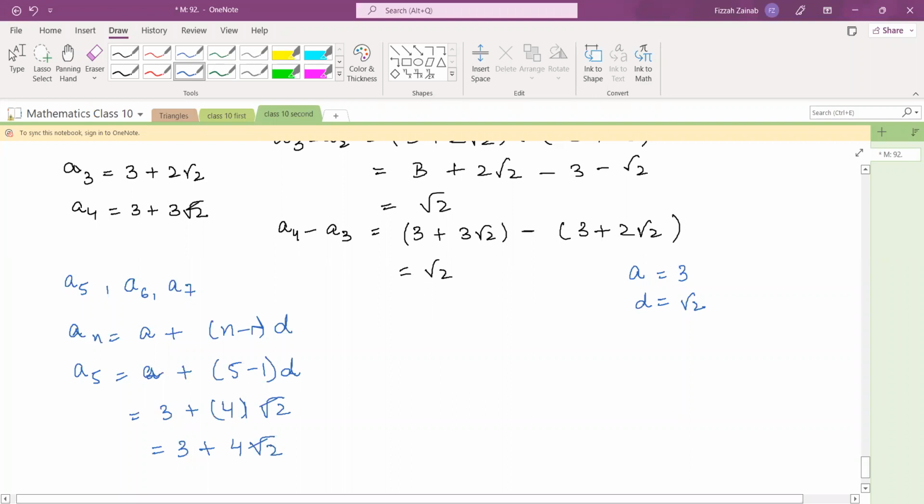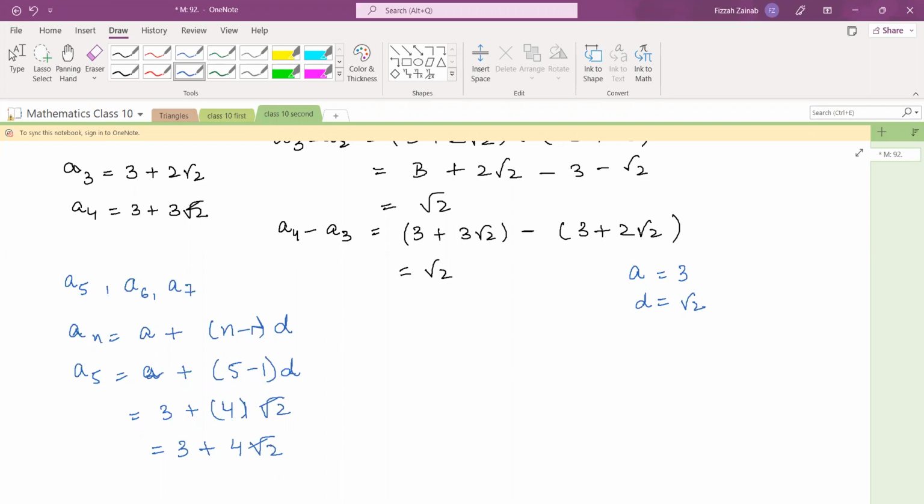Similarly, A6 and A7 you can find. Done, ma'am. Okay, so A6 and A7 also you can find, and then you can write, therefore the next 3 terms are this.